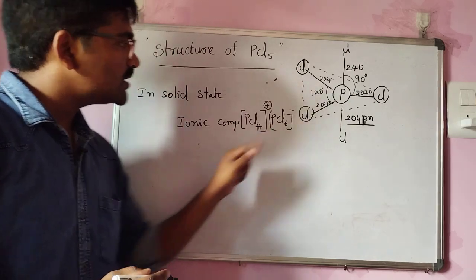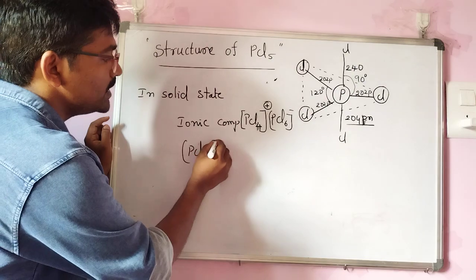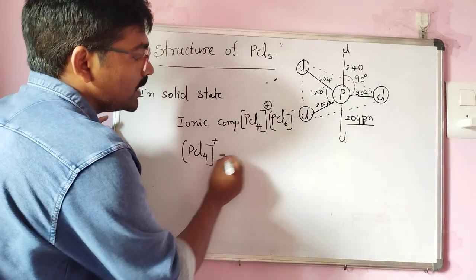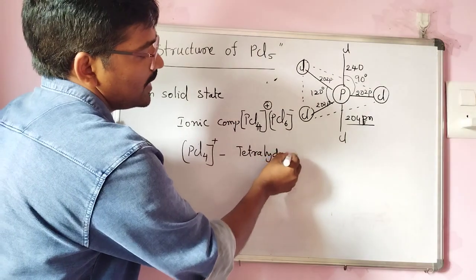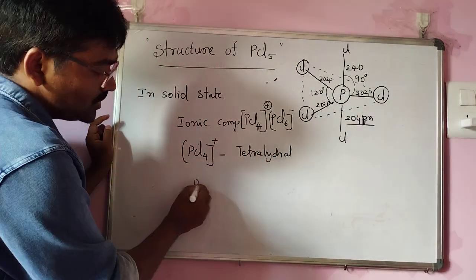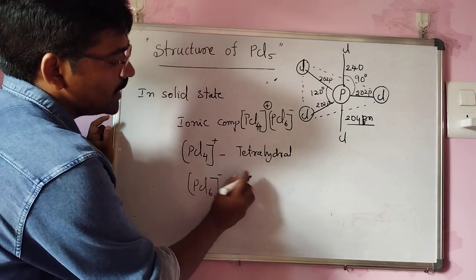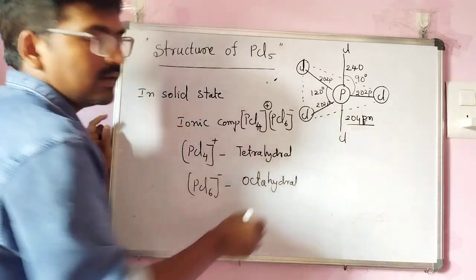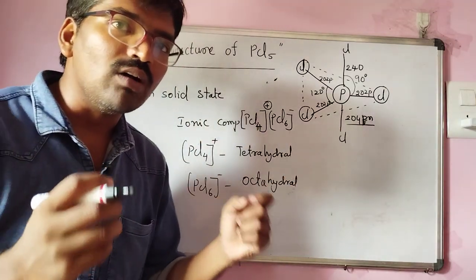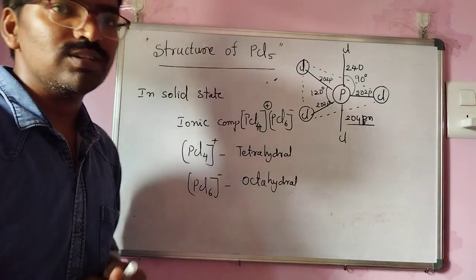The PCl4+ cation has a tetrahedral structure, and the PCl6- anion has an octahedral structure. So tetrahedral and octahedral structures are present in the solid state.